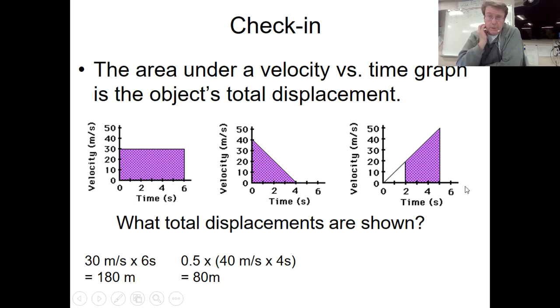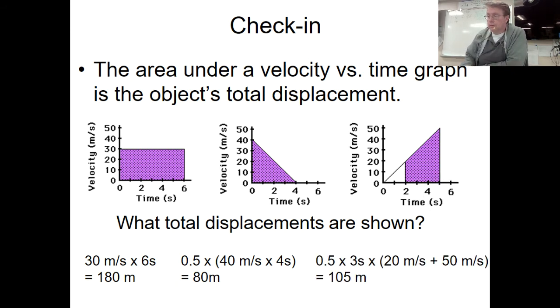Or you could do 2 triangles, and you'd take the big triangle and subtract off the small triangle. And I guess there is a third way. You could take this rectangle and add on to it the triangle that sits on top. So what's the area of that graph, and therefore what's the displacement for that motion?